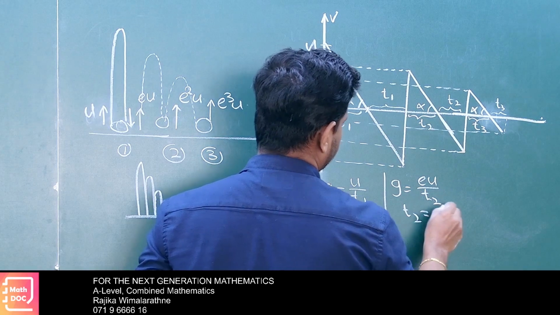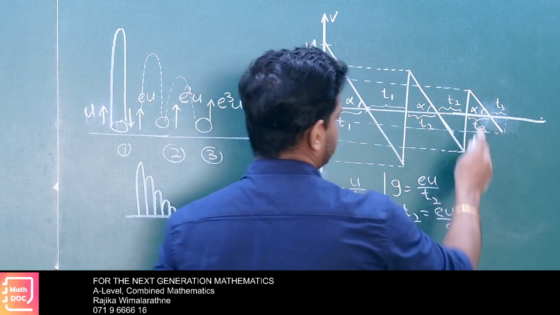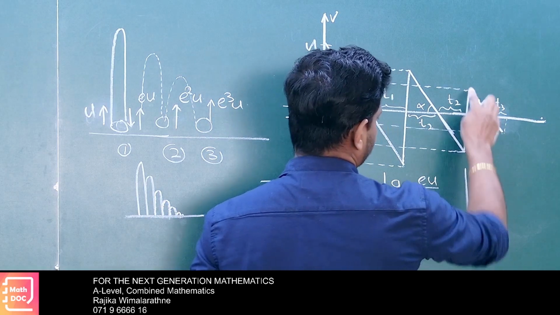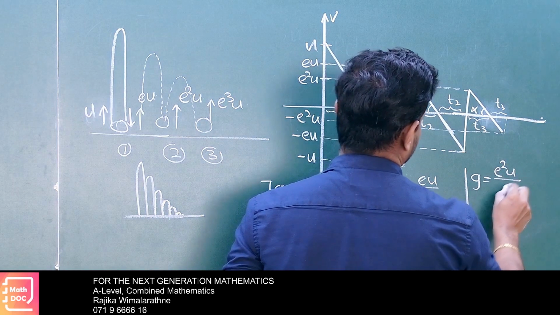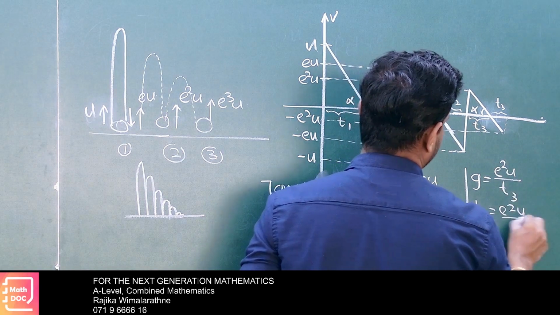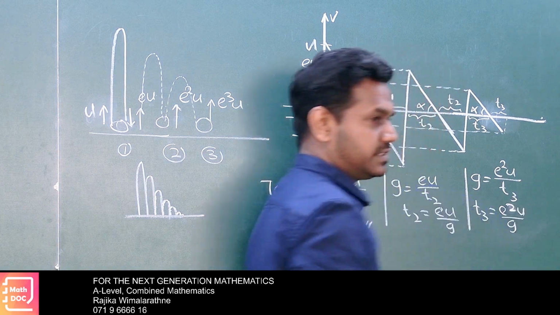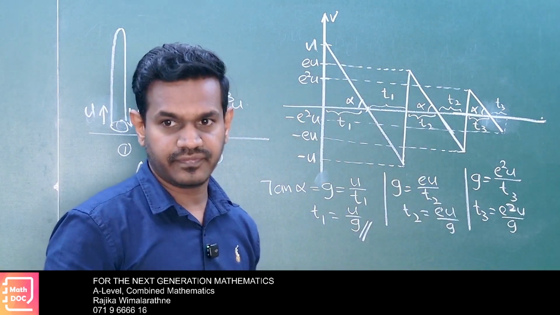Then t2 equals eu over g, no? Then tan alpha here g, that is e squared u over t3. Then t3 equals e squared u divided by g. Likewise, you can find time.